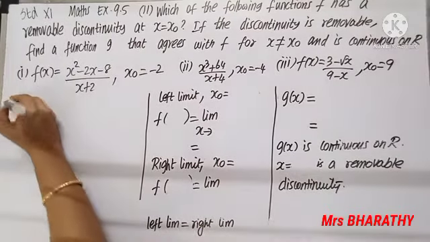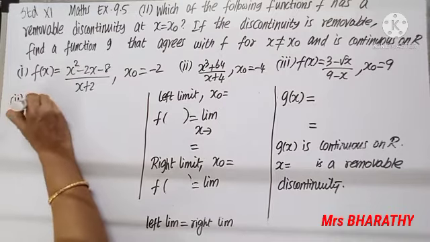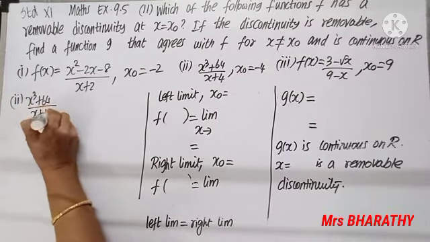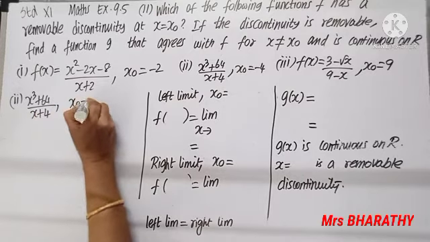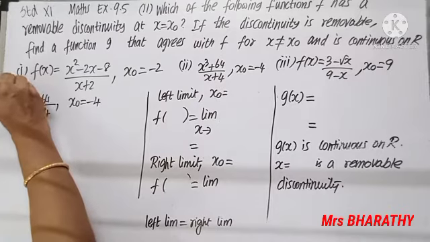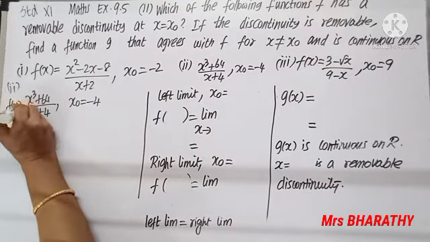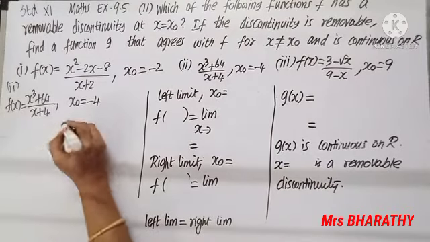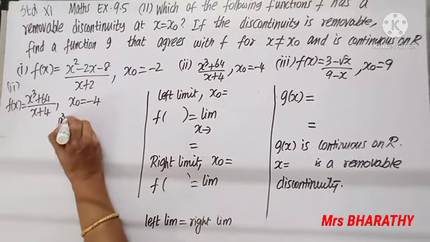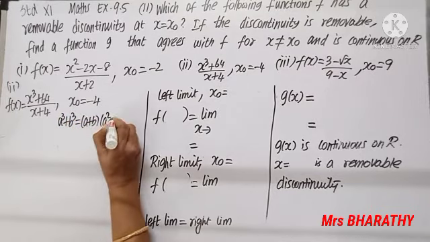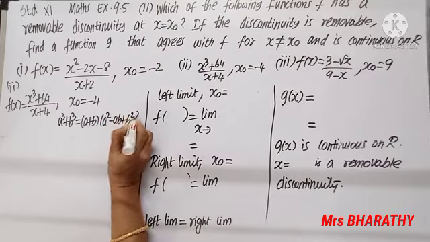Proceeding on to the second part, it is x cube plus 64 divided by x plus 4, and given x naught equal to -4. So as I consider the given question as f of x, let us factorize the numerator. We recall this formula: a cube plus b cube is a plus b, a square minus ab plus b square.